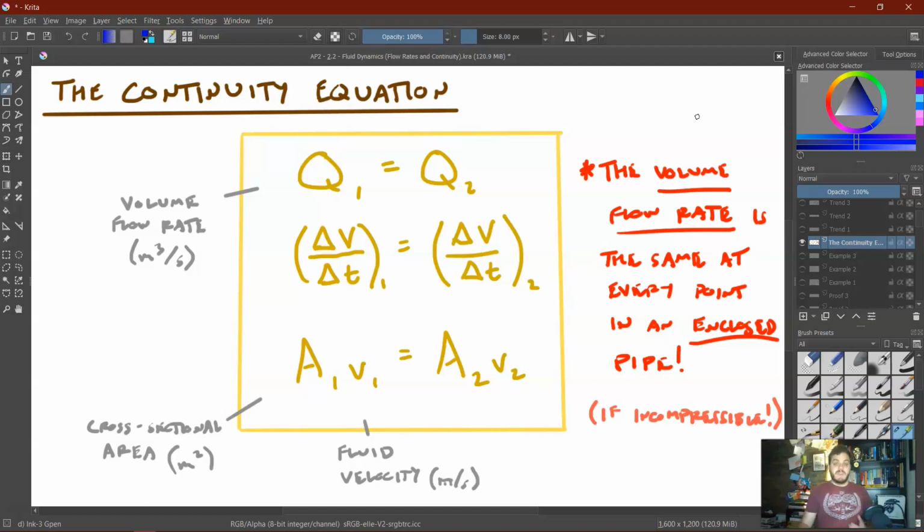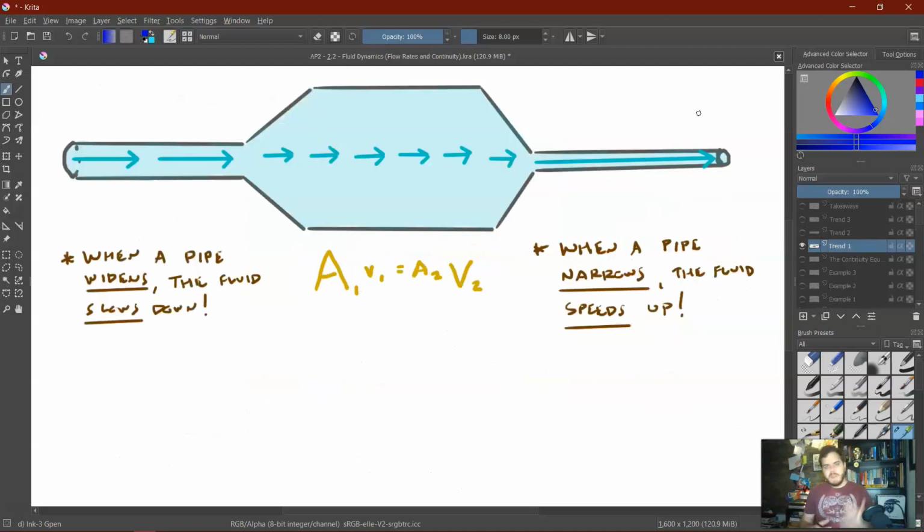Now the part that we usually think of as the continuity equation is really this last point here, which simply means we can take it a step further and say that if there is a change in cross-sectional area in meters squared, there is also a change in fluid velocity in meters per second. So this is what this would look like in practice.